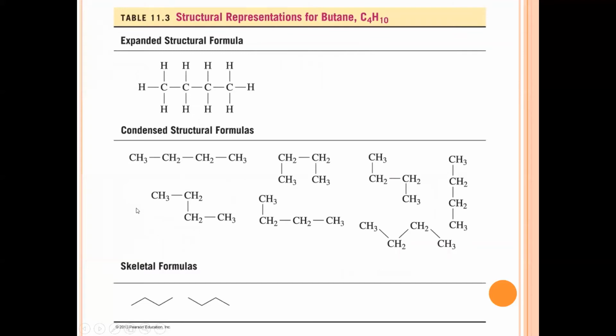Technically, these are all the same. It's the longest continuous chain of carbon. This is still 4 carbons connected, 4 carbons, 4 carbons. So you can see there's a variety of ways to draw it. But either way they're drawn, they're all the same. These are all butane molecules. So these are considered conformations, okay?